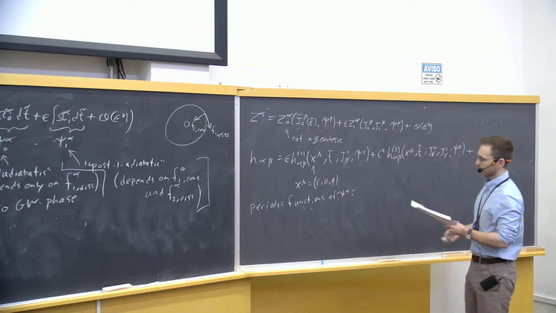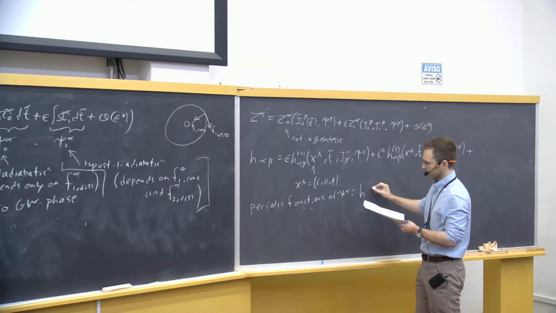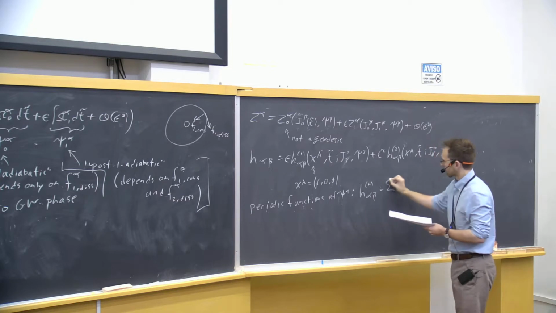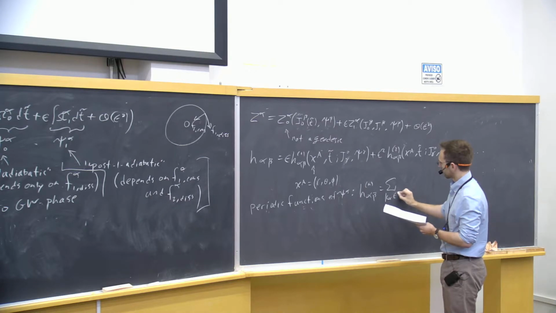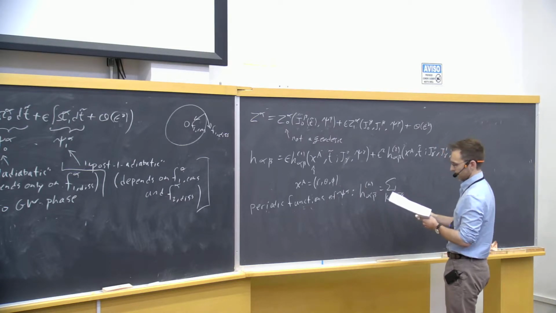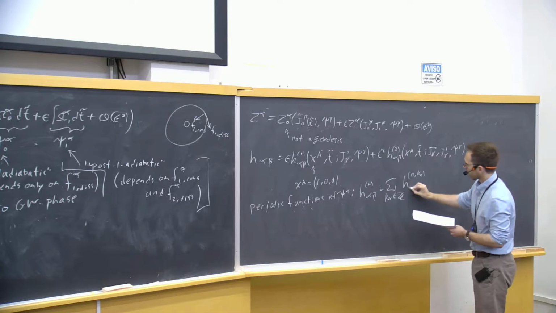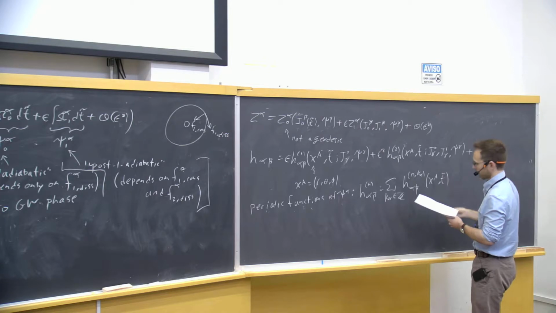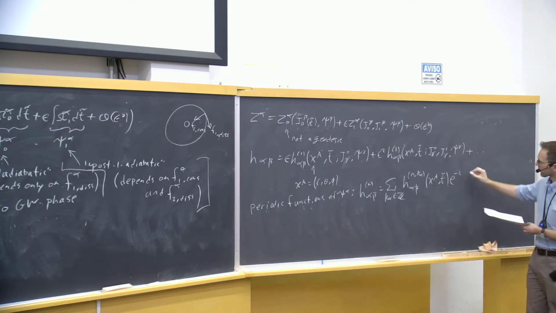So we can expand each of these functions in Fourier series. So h_n^{αβ} is a sum over Fourier modes, which I write as h_{nk}^{αβ}, and then you have phase factors coming from the orbital phases.